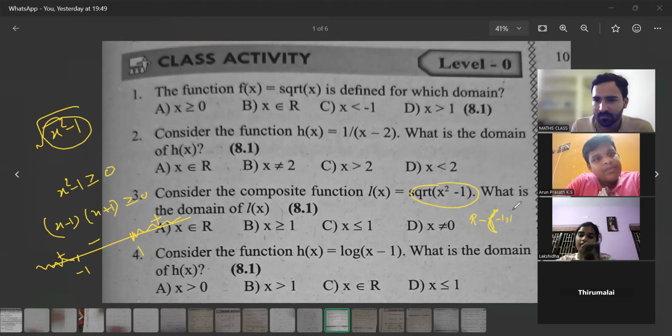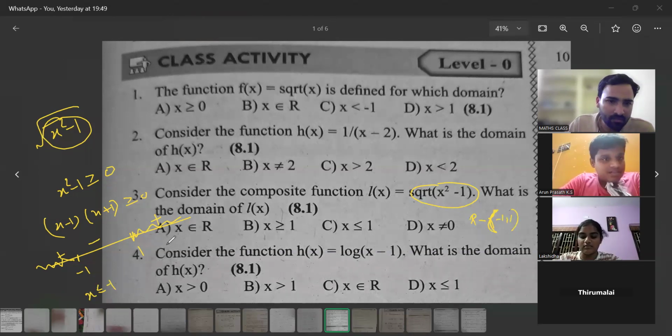Or can we write B and C? C is not correct. So x is less than or equal to minus 1, or x is greater than or equal to 1. Okay, next question.